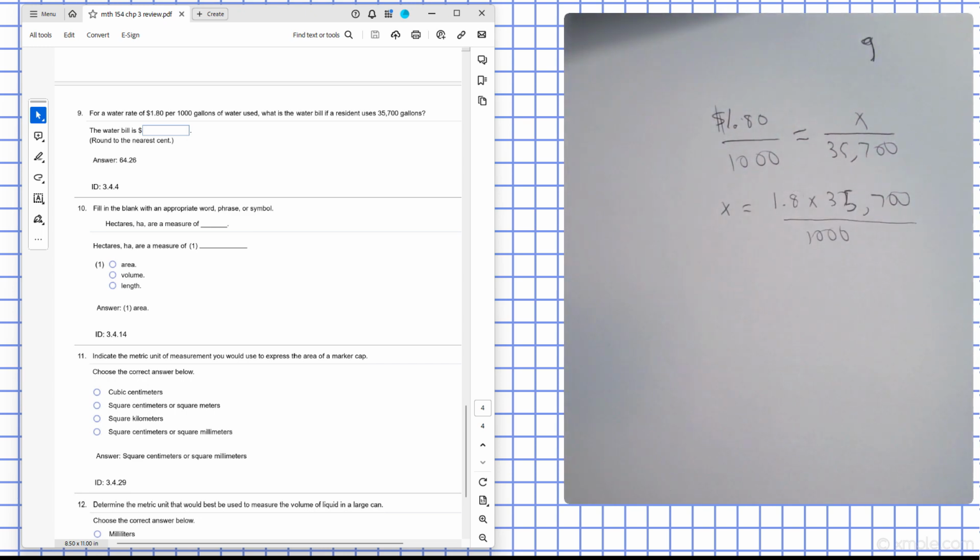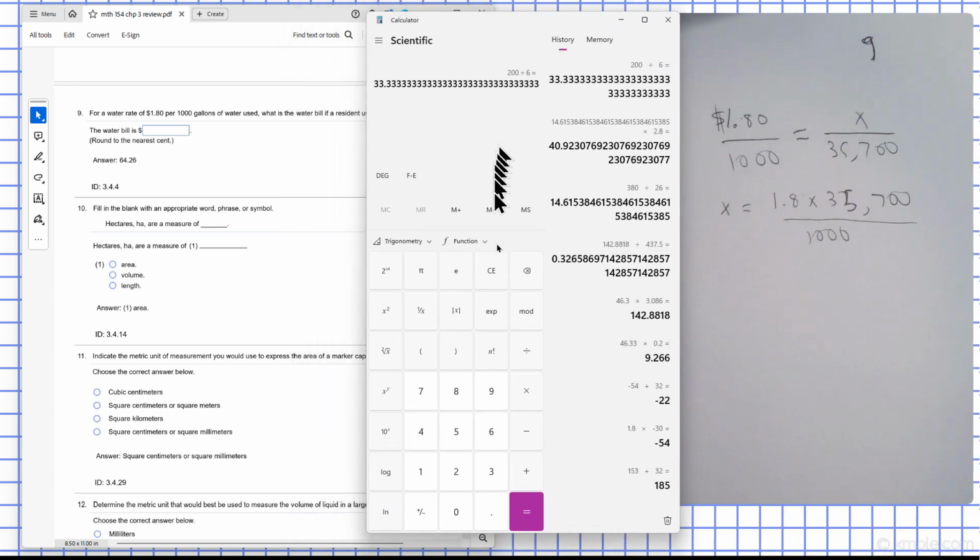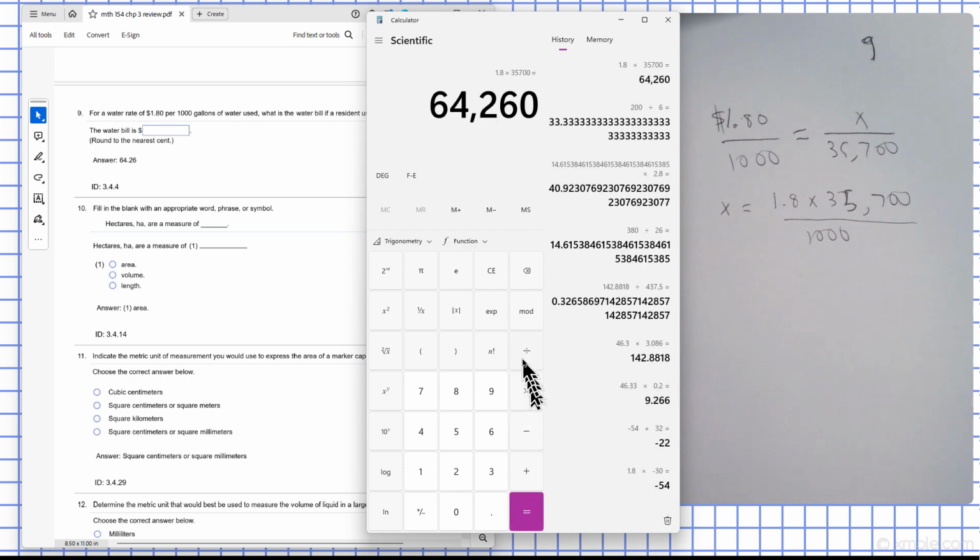Okay, and let's do that on our calculator. So I have here 1.8 and divide that by 1,000.